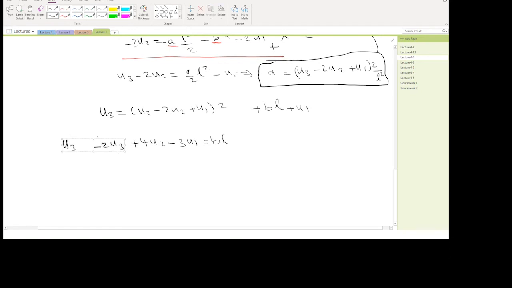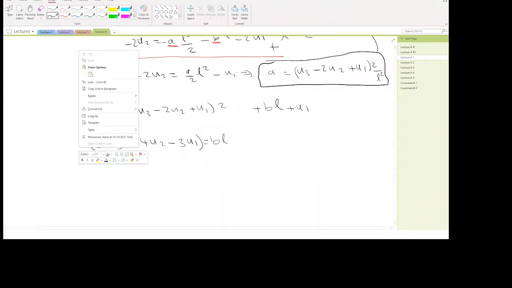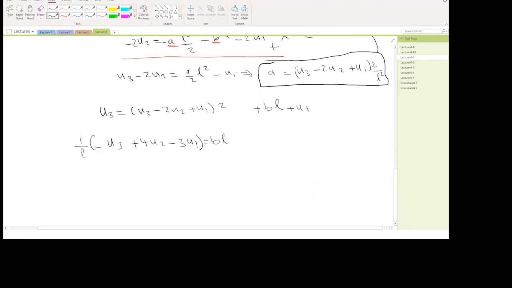So this is minus U3, and I can just divide the whole thing by L. And we have the expression for B.